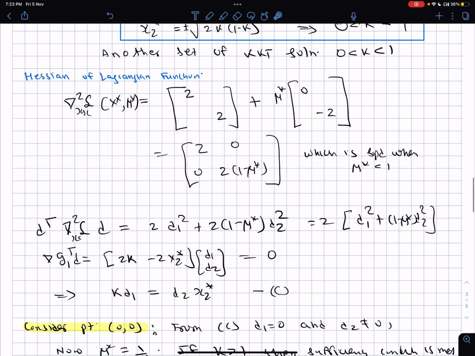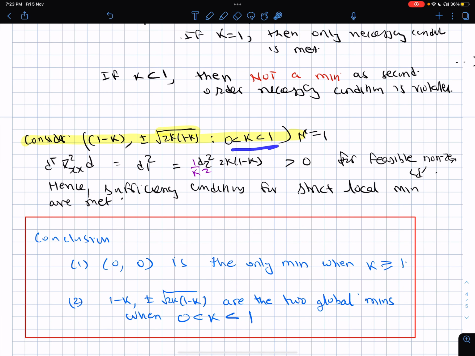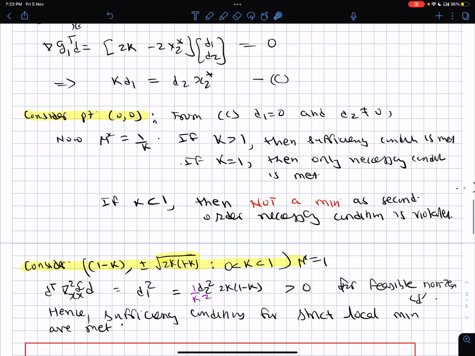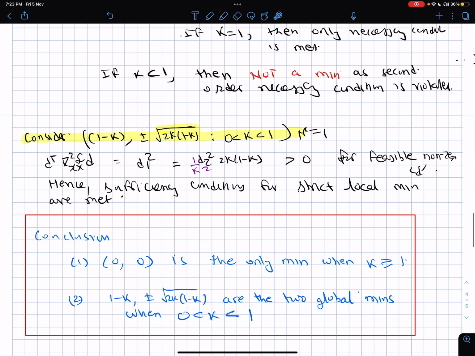These we have already evaluated, with k between 0 and 1, and we have already seen that these points come into the picture only when mu star is 1. So now you calculate this scalar again, and because mu is now 1, this term is simply gone. So you are going to get d1 square.